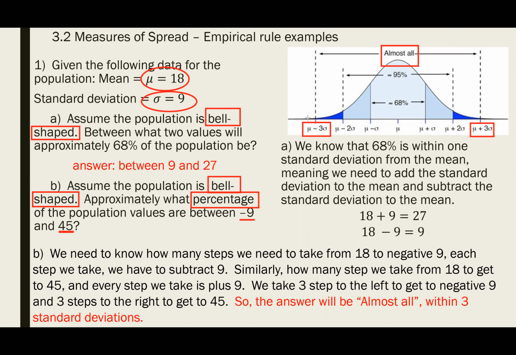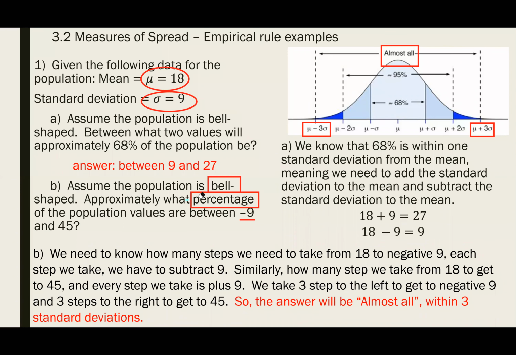And then you just say, oh, -9 is here, 45 is here, so they will be almost all of my data. Is that making sense?